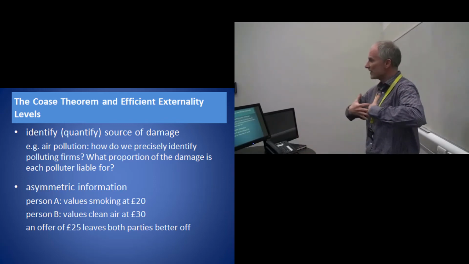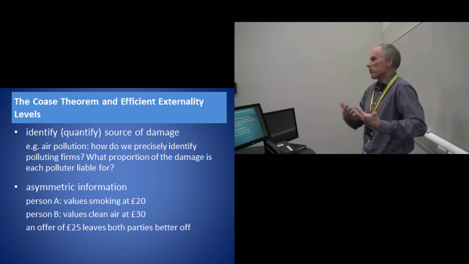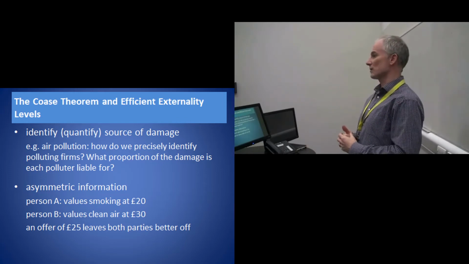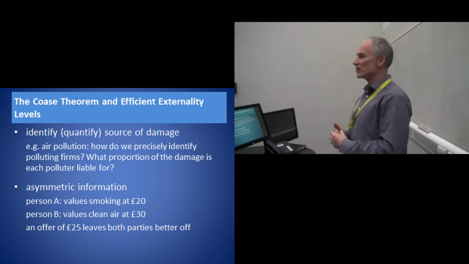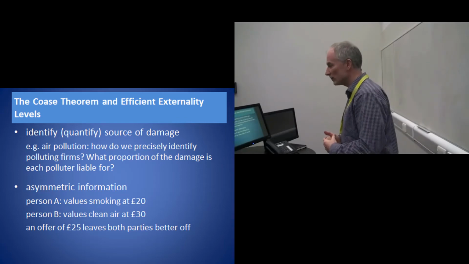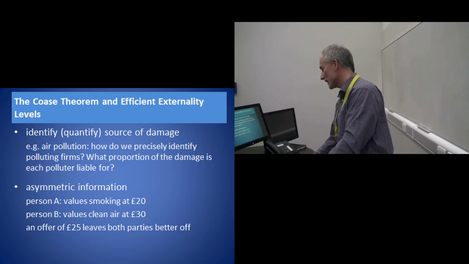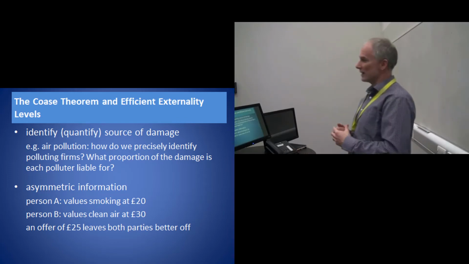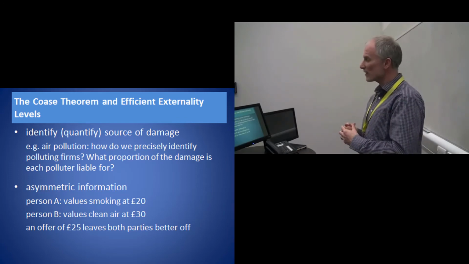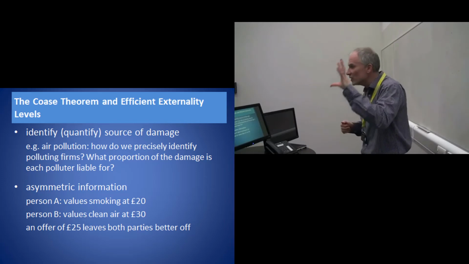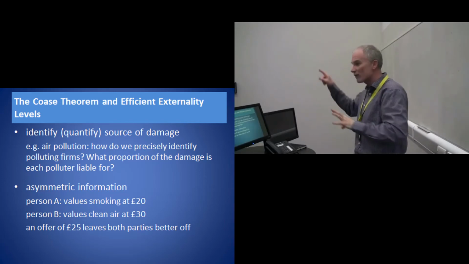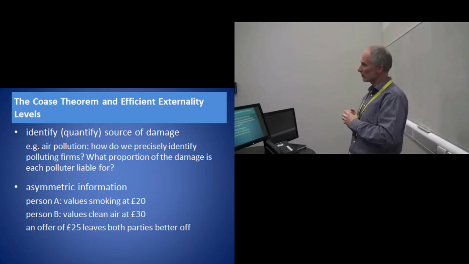So the benefit that I derive from smoking is worth £20 to me. However, his roommate, the non-smoker, would value clean air, I should say, at £30. So that represents the amount of money that he would be willing to pay for his roommate not to smoke.